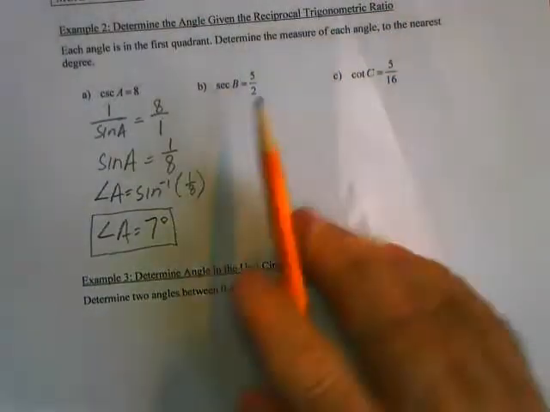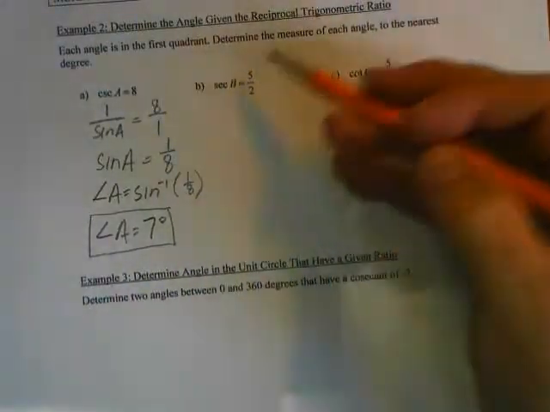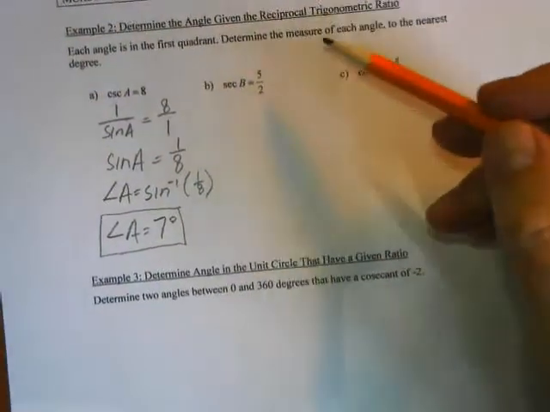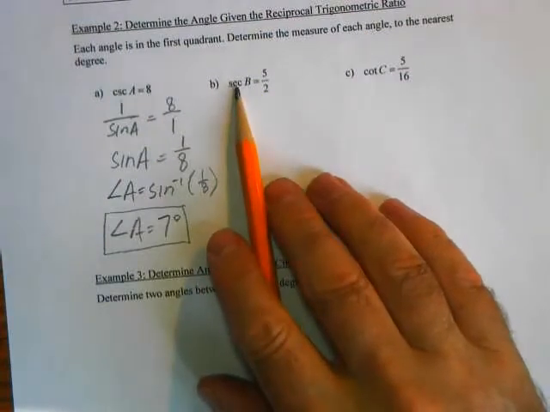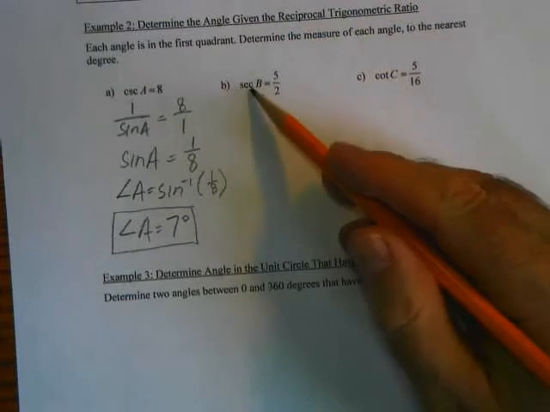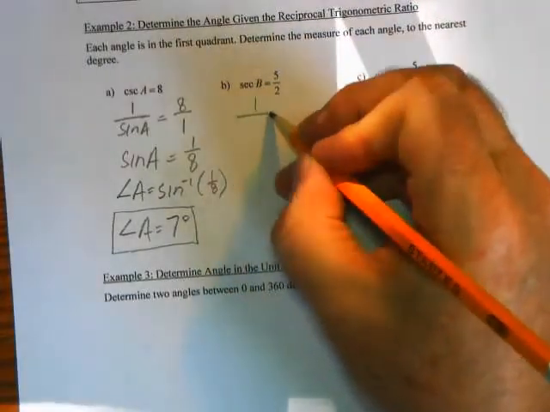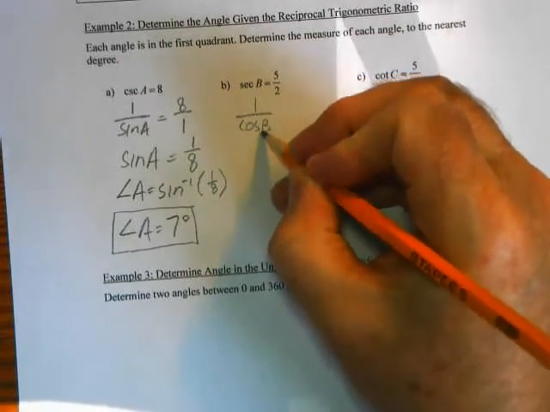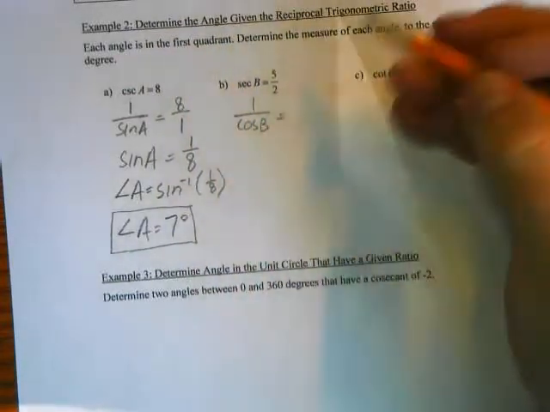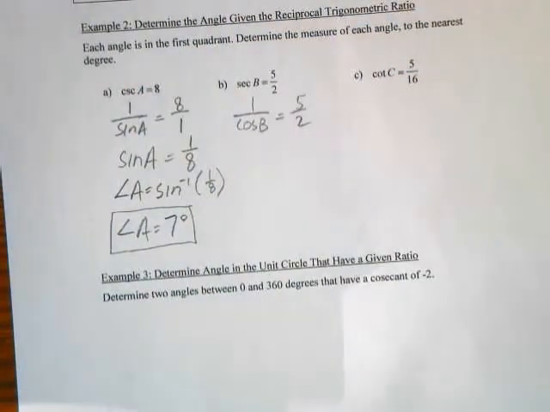Okay. So here we have secant B equals 5 over 2. So again, can't solve this with a calculator. So we're going to change, remember the related trig ratio for secant is cos. So secant B is the same as 1 over cos B. And our fraction, it's already a fraction, so I don't have to put it over 1, is 5 over 2.